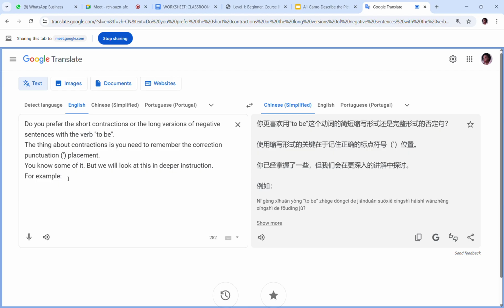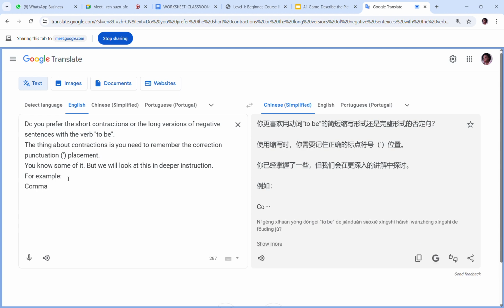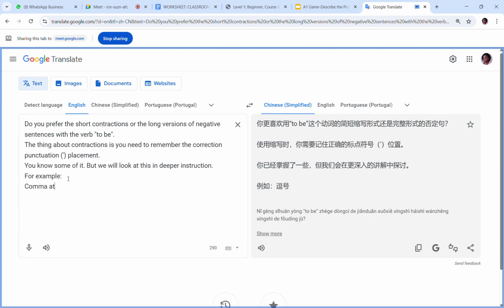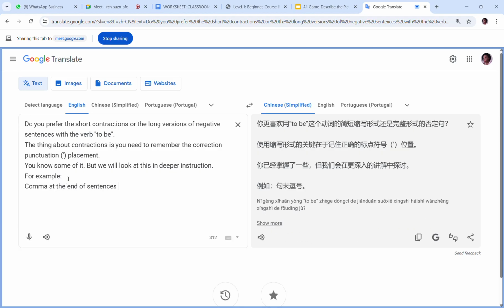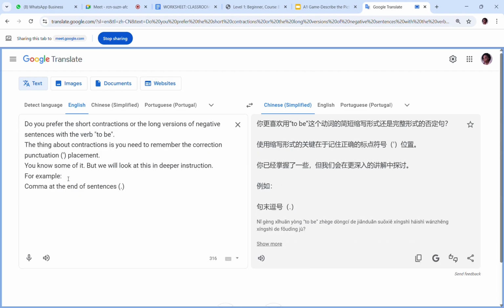But also you have things like the comma. At the end of sentences, like this, to show that it's the end of the sentence. Sorry, not the comma. This is a full stop.